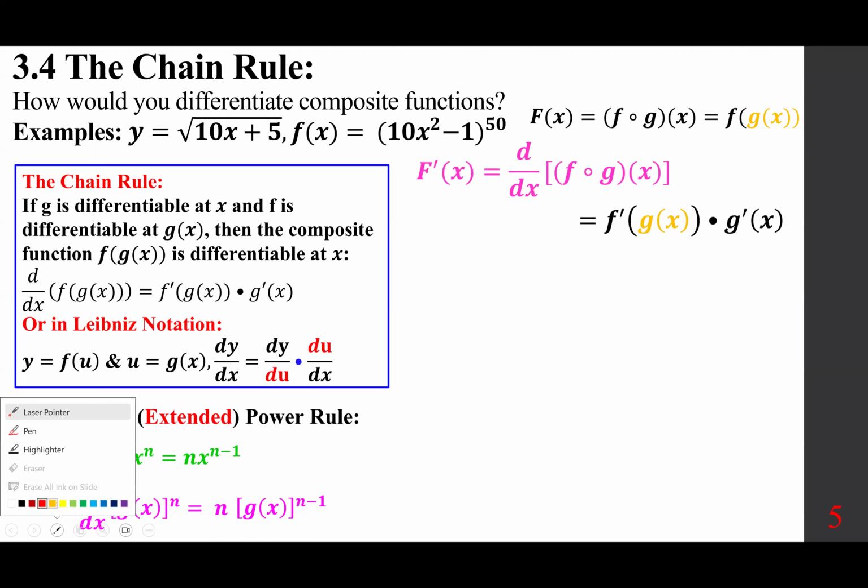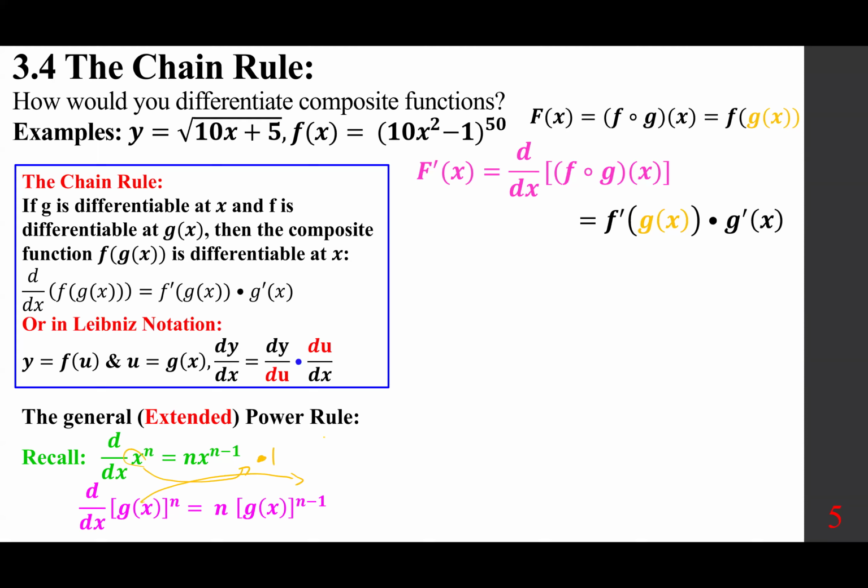Furthermore, notice the derivative of x is 1, so if we don't write it, it makes no difference. But now, according to the chain rule, we need the derivative of g of x, which is no longer 1, but rather g prime of x. This is known as the extended or the general power rule.